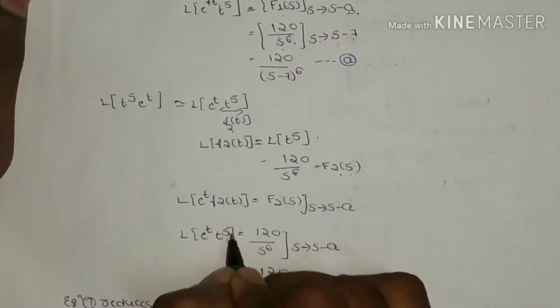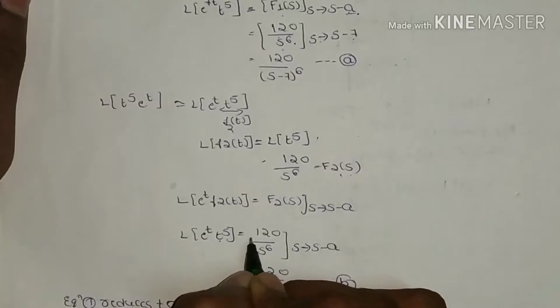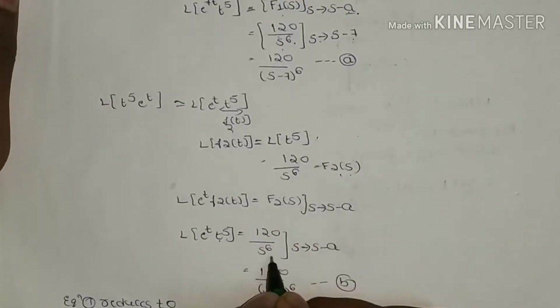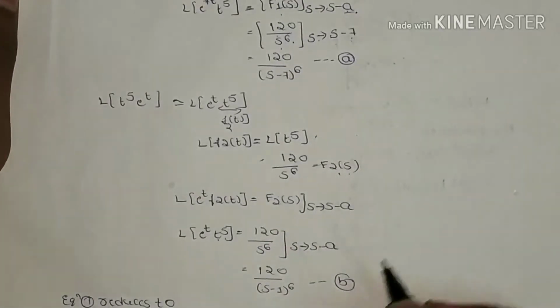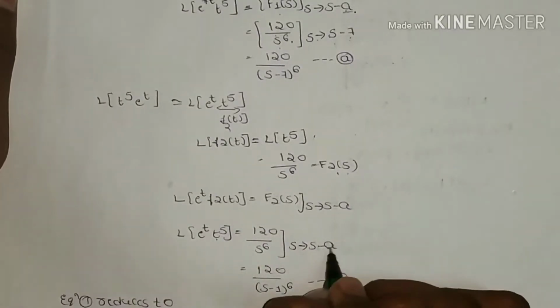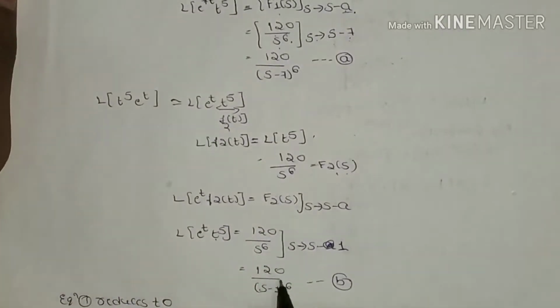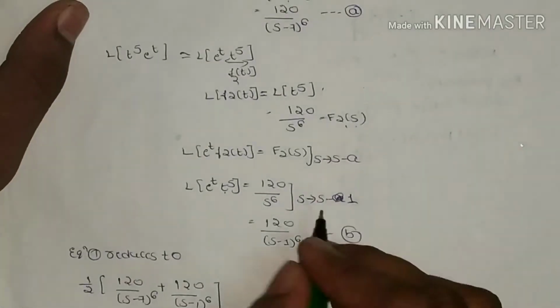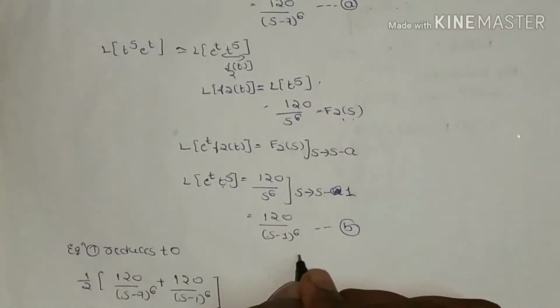Here a is 1, so wherever s is present it is replaced by s minus 1. It becomes 120 divided by s minus 1 whole raised to 6.